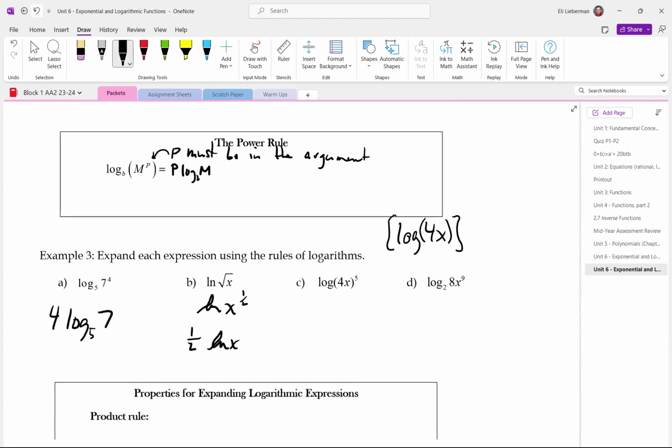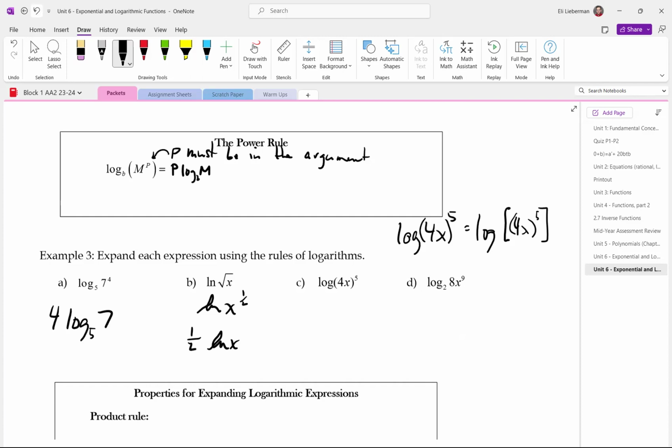If it's like this, we'd be concerned. To be perfectly clear, it should be 4x to the 5th, just to make sure everything is there. But those two are equivalent. They stay the same.